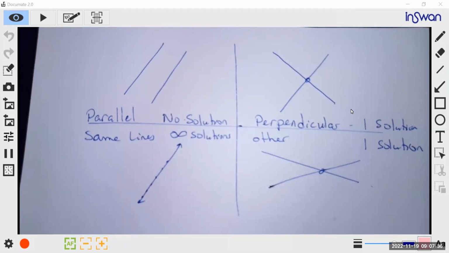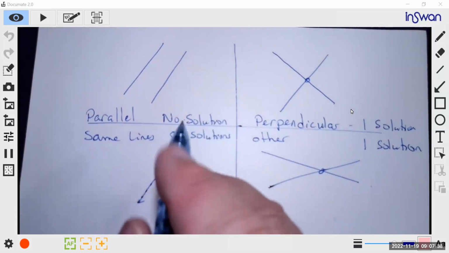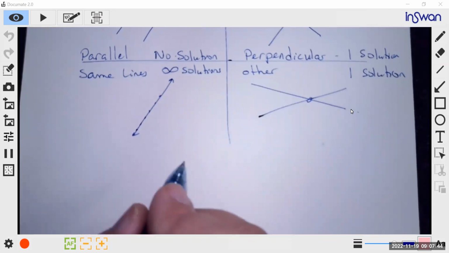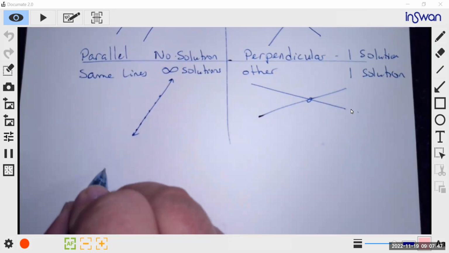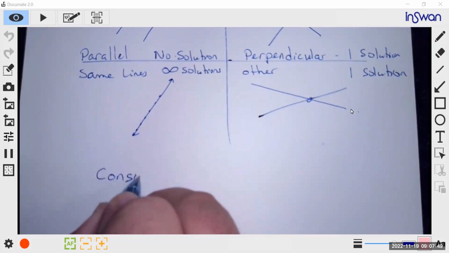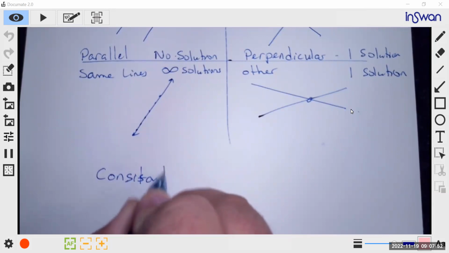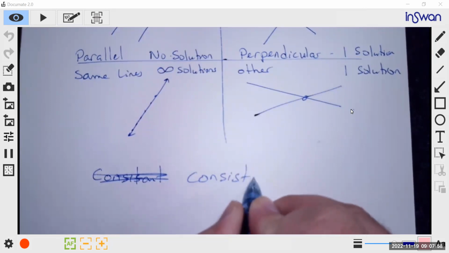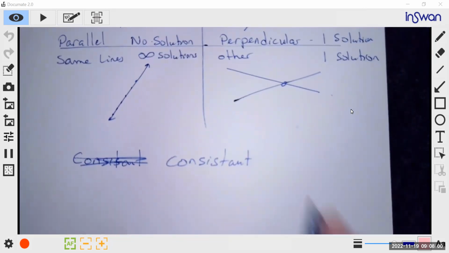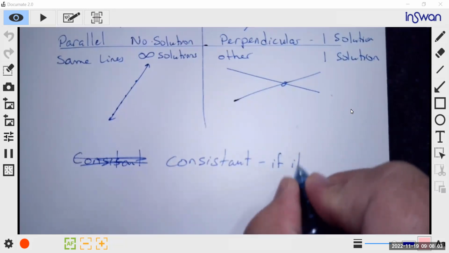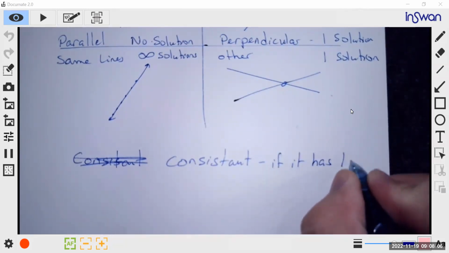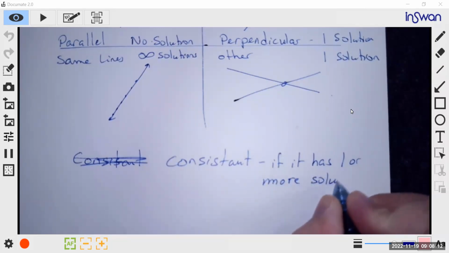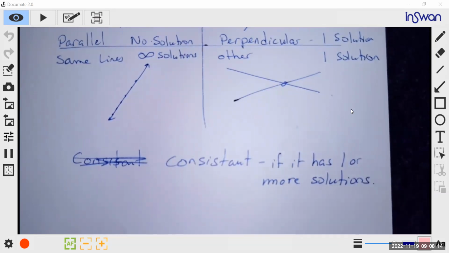Right, so we talked about this earlier. You see that there's only one of them that has no solutions. That's how we differentiate whether it has a solution or not. We say it's consistent if it has one or more solutions.